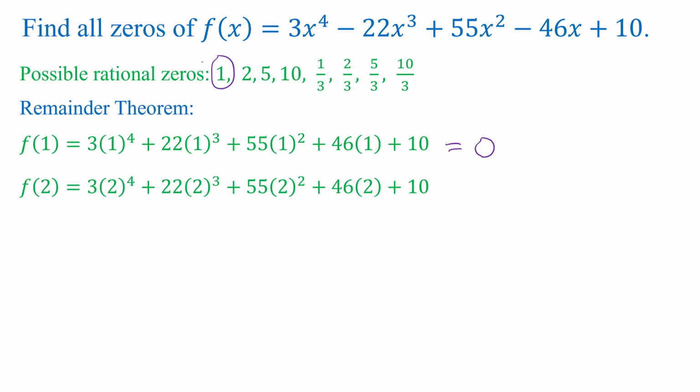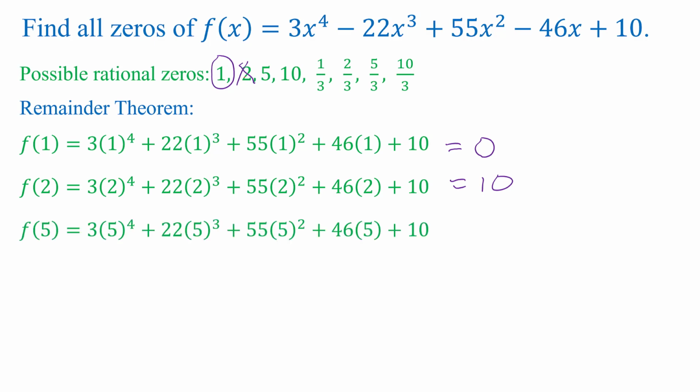What about 2? f of 2 here would actually be equal to 10. Sorry, getting sloppy there. I worked these out ahead of time because this would take a while. So 2 is not a zero because dividing by x minus 2 would give us a remainder of 10.